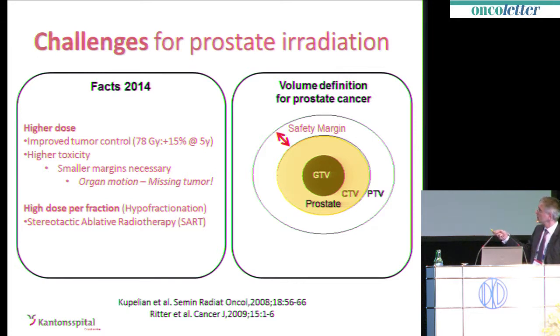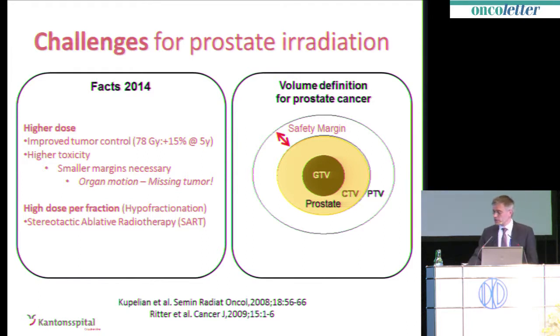Then we have the clinical target volume. Normally that's the prostate, because nowadays we don't really know where all the micro foci are in the prostate. And then we have the so-called planning target volume, where we actually add a safety margin so we do not miss any tumor due to organ motion during treatment.